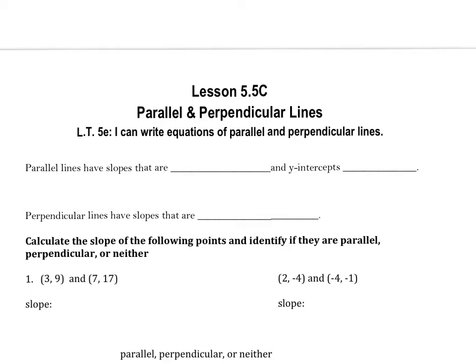As some review, we're going to fill in those lines there. Parallel lines have slopes that are the same and y-intercepts are different.